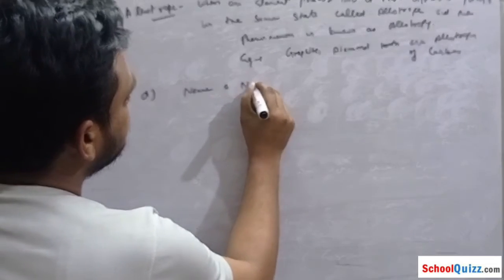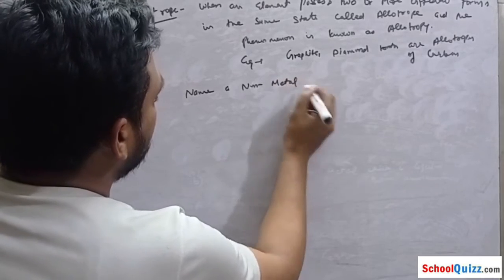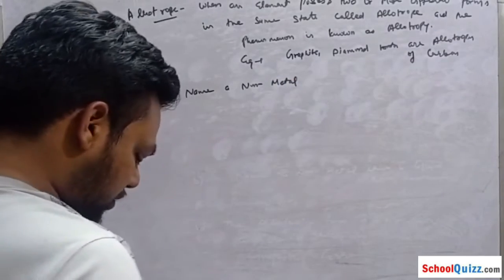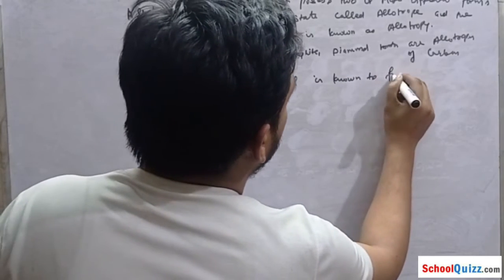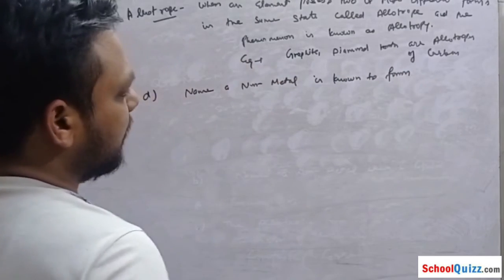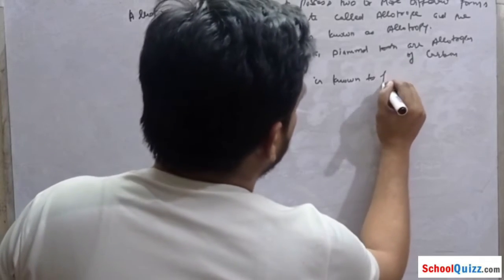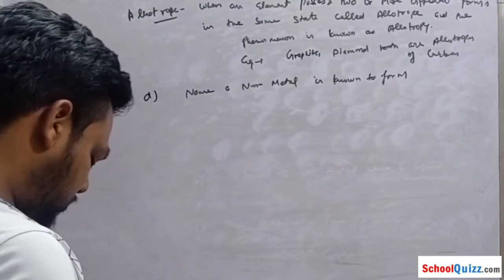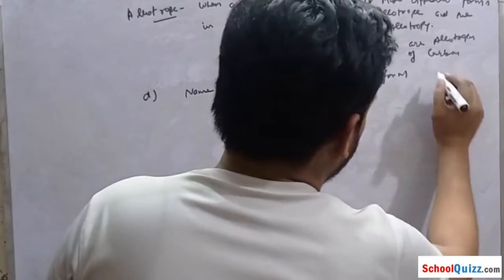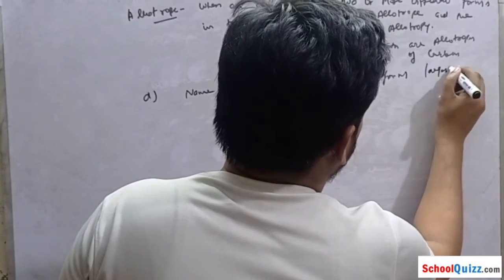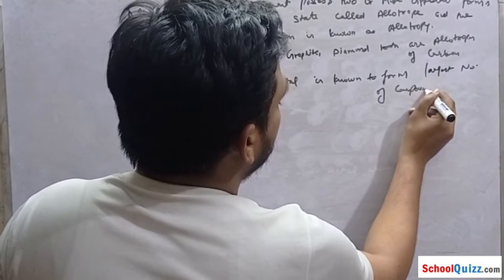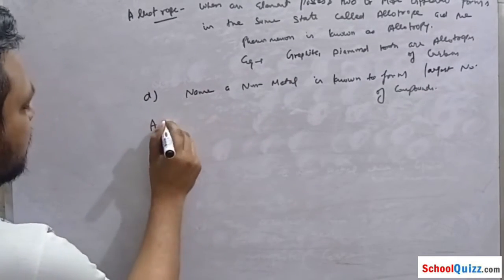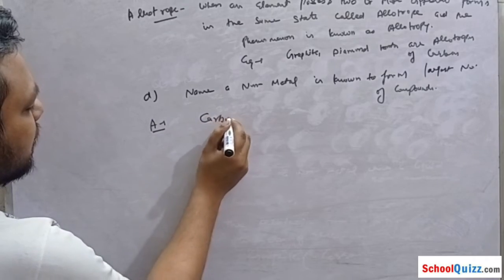Next one: name a non-metal which is known to form the largest number of compounds. This is carbon.